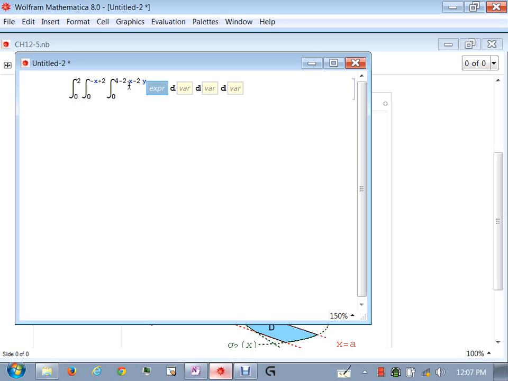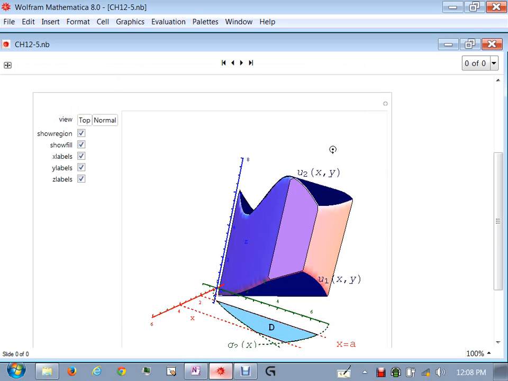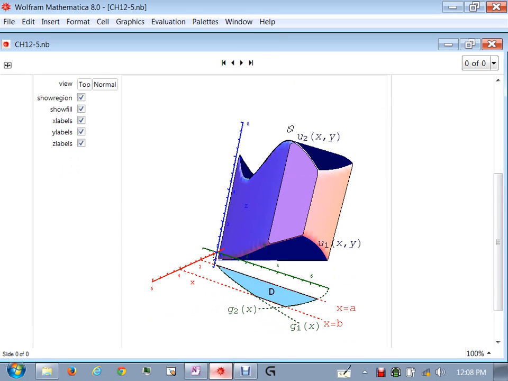We were integrating y with respect to z, then with respect to y, then with respect to x. 4/3. Questions, comments, concerns? 4/3?